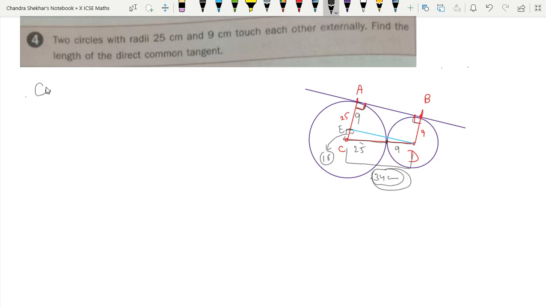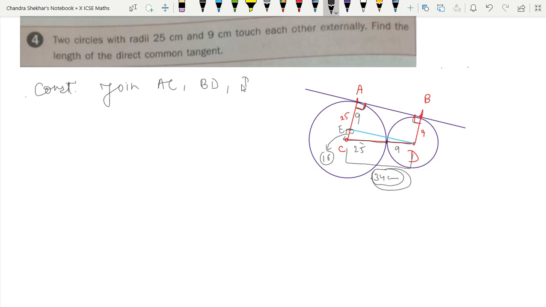So we can say construction. What is the first construction? We will join AC. AB is already there. You'll join AC and BD, the centers, and we will draw a perpendicular DE.